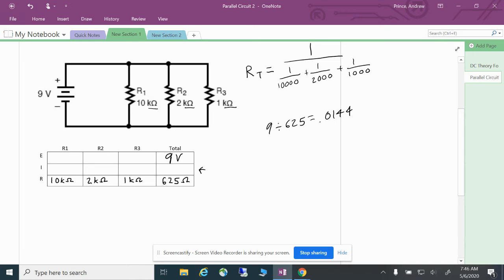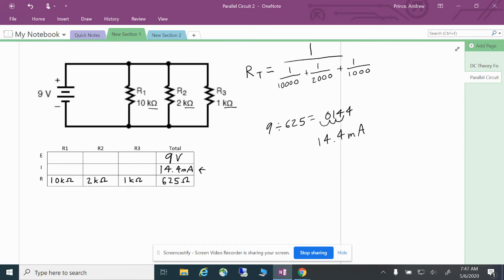So again, we want to use our proper prefixes here. If we move this decimal over 3, that gives us 14.4 milliamps. So let's go ahead and write that in here, 14.4 milliamps.